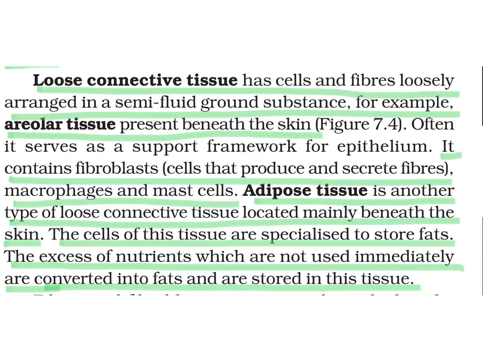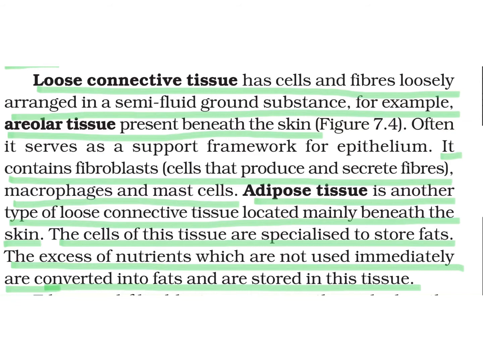The important lines I have underlined are necessary to note down in your classwork. Then if we see the description of areolar tissue, it contains few cells known as fibroblasts, and these cells produce and secrete fibers, because we have said earlier that the cells themselves secrete the fibers.